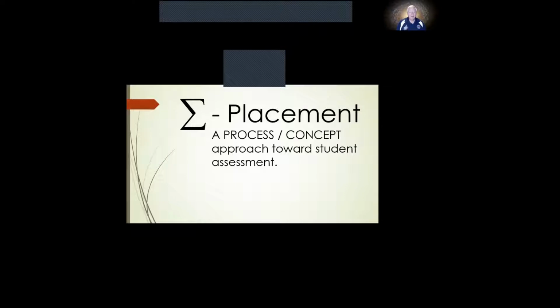Sigma, for those of you who might remember your statistics, is a shorthand way of summing things up, of adding together everything that has been in place. And I always viewed this as a summing up of what we understood about how to assess students.